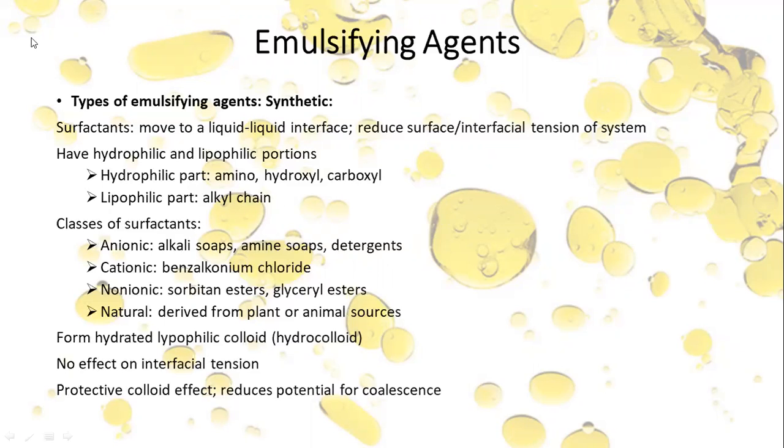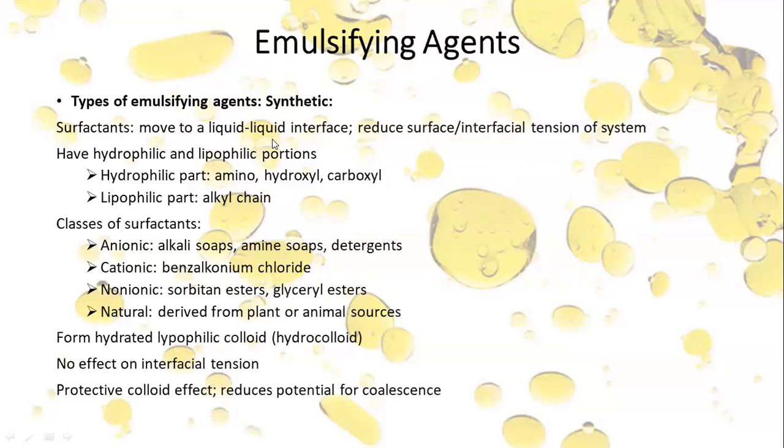Here we can see that surfactants, which are basically emulsifying agents, have two parts: a head part and a tail part. I have told you that there is a polar head and a non-polar tail. The polar head has the hydrophilic property, and the tail part has the lipophilic or hydrophobic property.